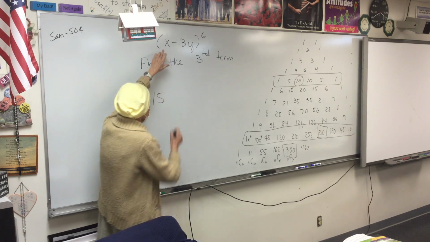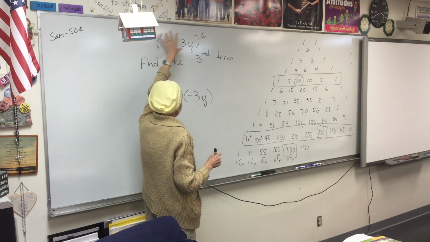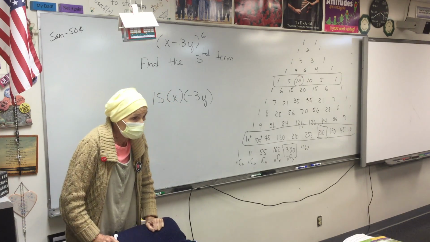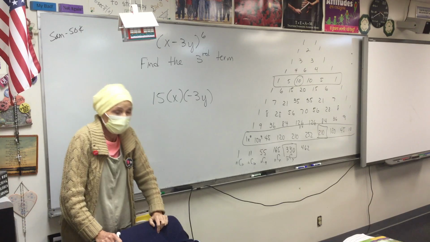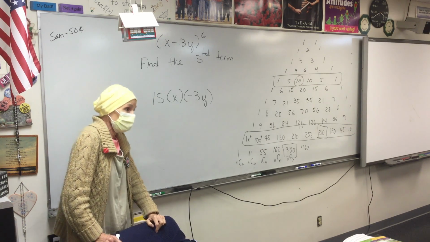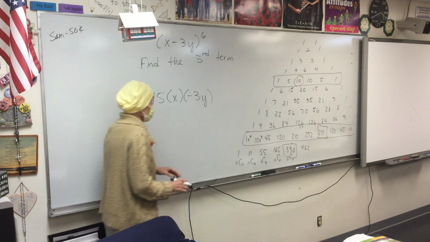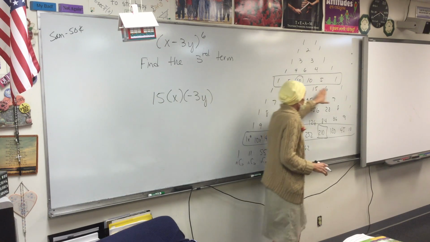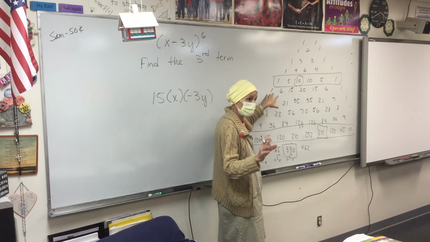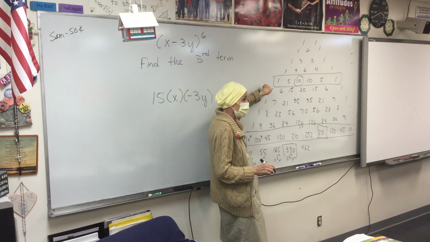Next to the 15, I have an x and a negative 3y. Those are the two pieces of my problem. My problem will always have two pieces, and I will always write down those two pieces. Now I'm going to put my exponents on. If I were to write out the whole row, the power on the x's right here would be 6.